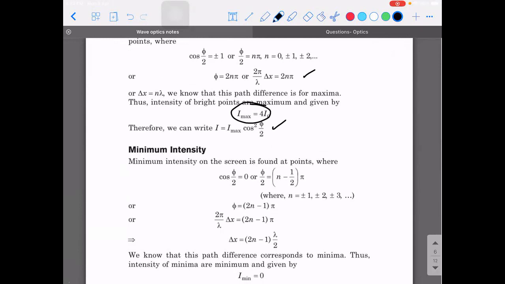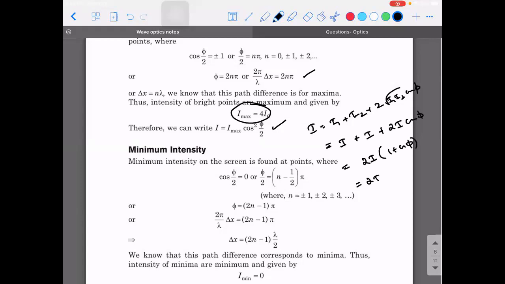Why did the cos squared phi by 2 come? Because I is equal to I1 plus I2 plus 2 root of I1 into I2 cos phi. So that will be I plus I plus 2I cos phi. If you take 2I out, 1 plus cos phi is 2 cos squared phi by 2.